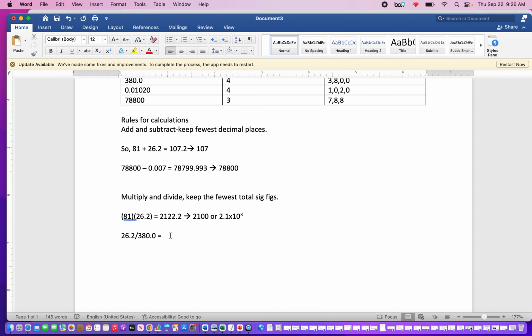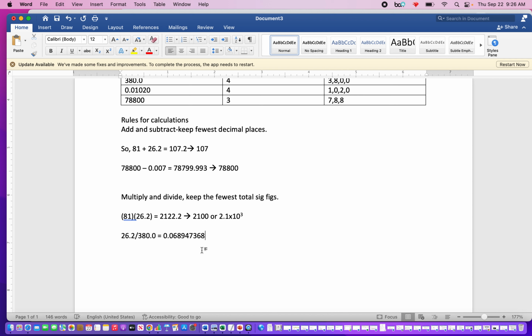And finally, the 26.2 divided by 380.0. My calculator says 0.068947368. So I need to round this to just 3 significant digits.